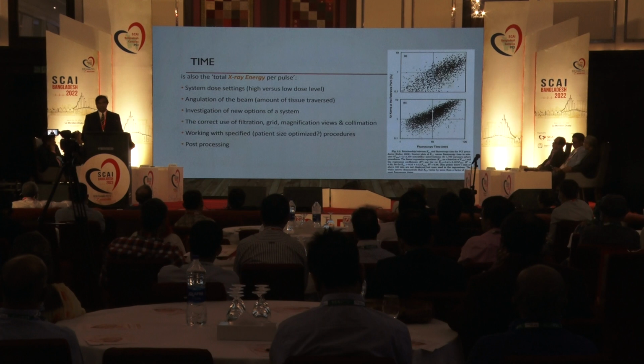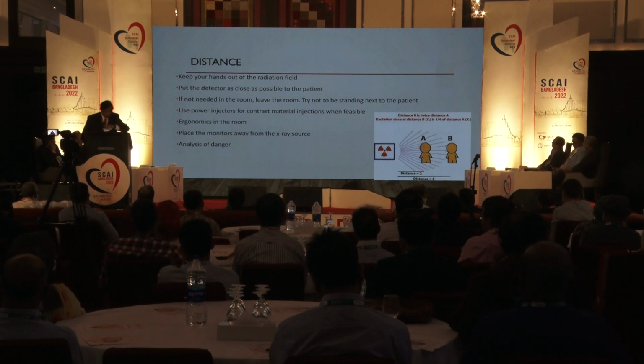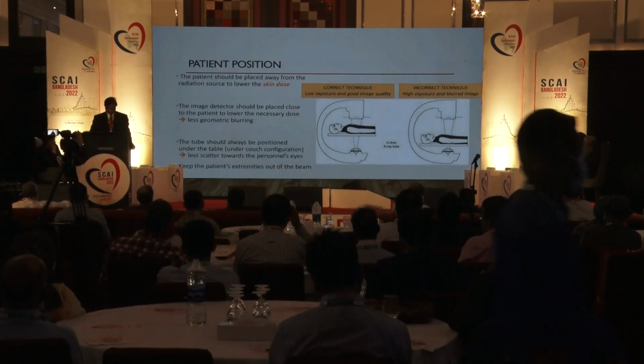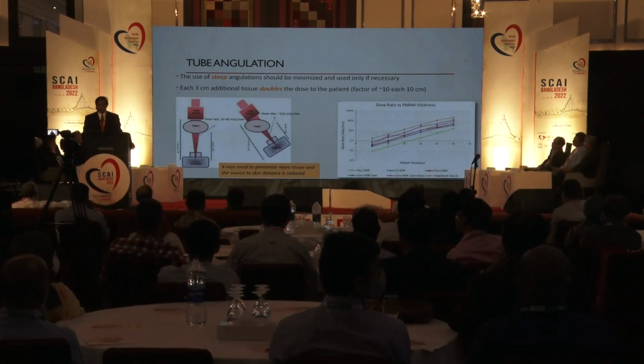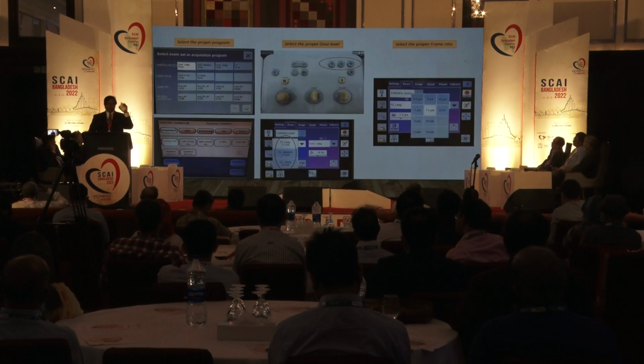Fluoro save will help you to save radiation. All these are very important tips in the cath lab. Make sure we understand all that and use fewer angulations, less fluoro time, and make it a habit not to check every few seconds. And sometimes IVUS use can also help you to reduce radiation.